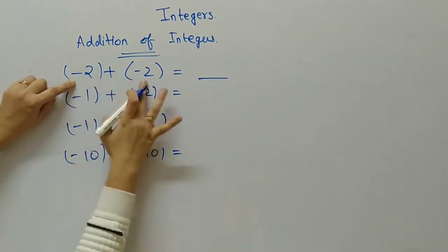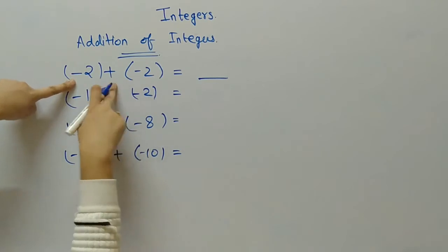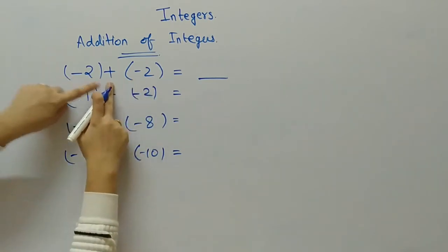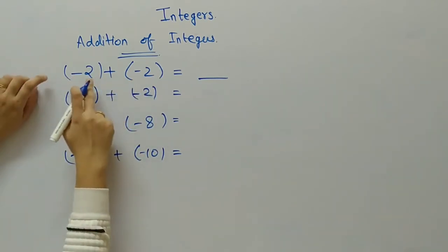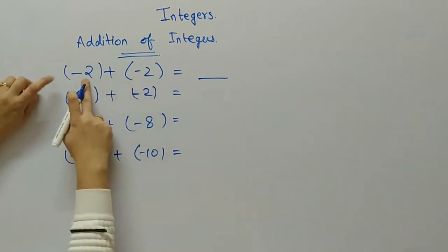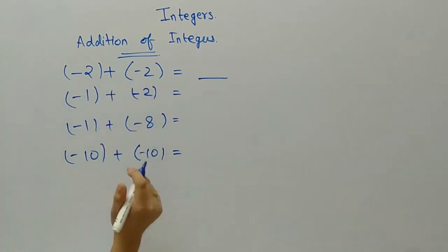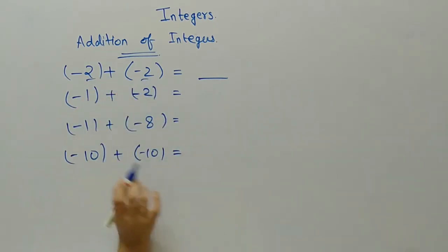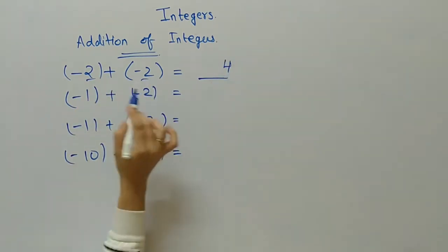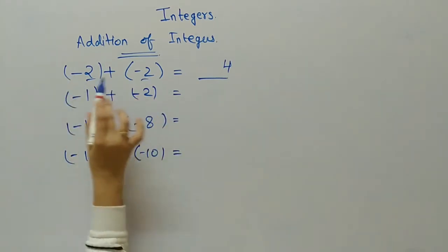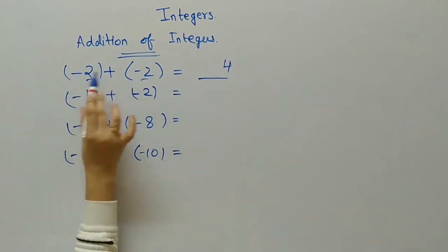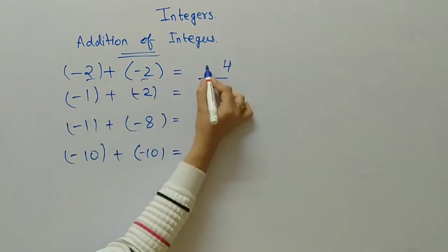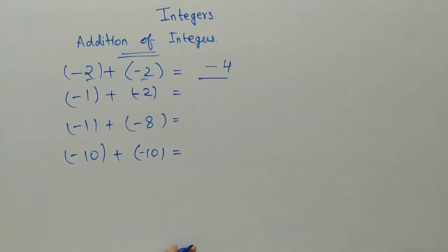So here the sign of both the integers is negative and we have to do addition. So when the sign of both the integers is negative, first of all we will do normal addition. So 2 plus 2 will be 4. And now we will apply the sign. So when both integers are negative, the sign will be negative.